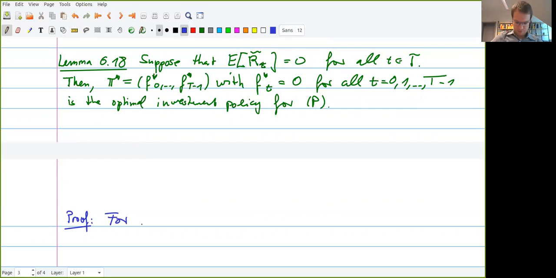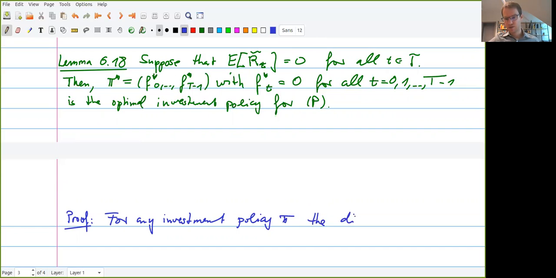So let me take any investment policy, P star, P, so any means not the optimal one.